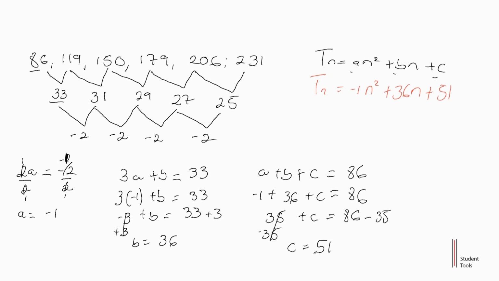So now we have Tn is equal to -1n is the same as minus n squared, plus 36n plus 51. So that is just how we write the general term of this pattern in the form of Tn is equal to an squared plus bn plus c.